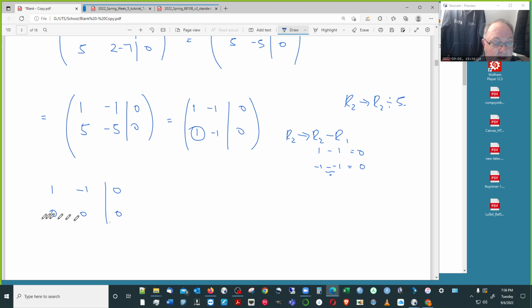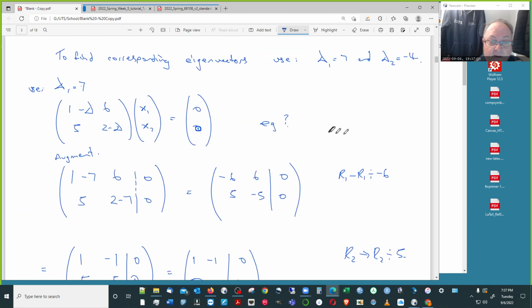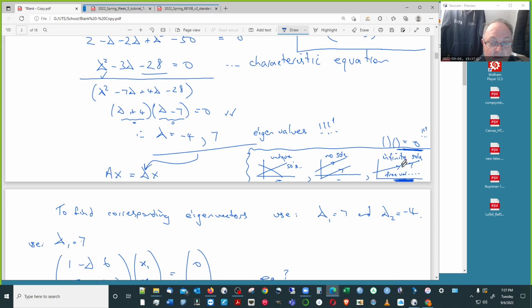So when we get this one here, this is the algebra now, not matrix algebra, just algebra that means infinite solutions. And that fits with what we did up here. So here's our infinite solutions. So that's the geometric interpretation.